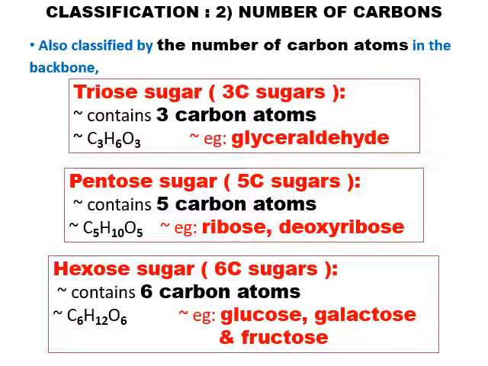The pentose sugar contains 5 carbon atoms in the backbone. Examples of pentose sugar are ribose and deoxyribose. And hexose sugar contains 6 carbon atoms in the backbone. Examples are glucose, galactose, and fructose.